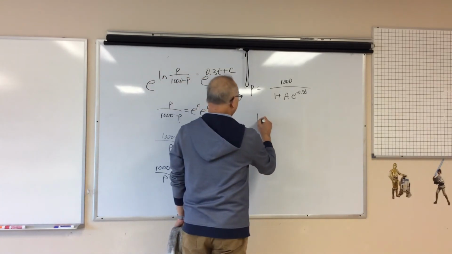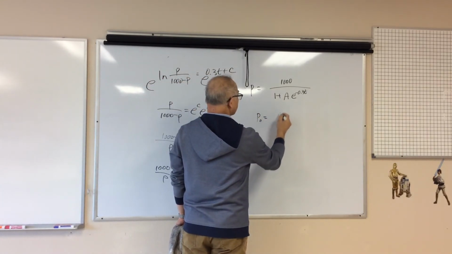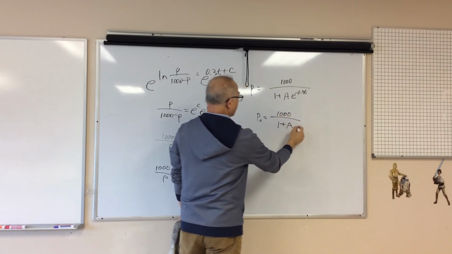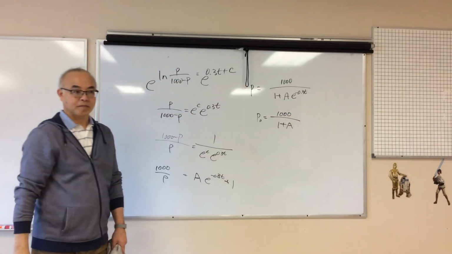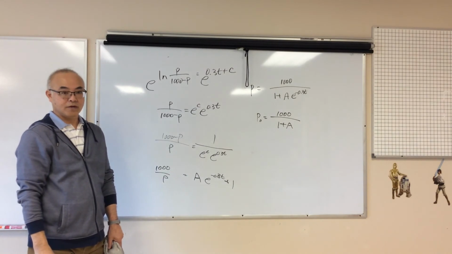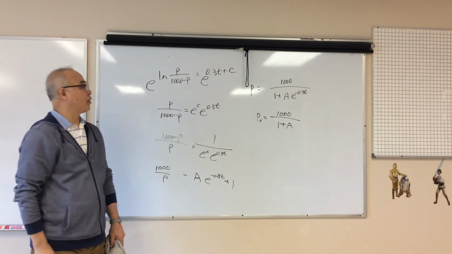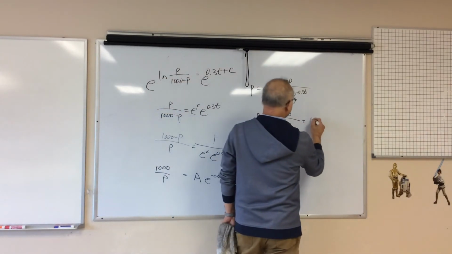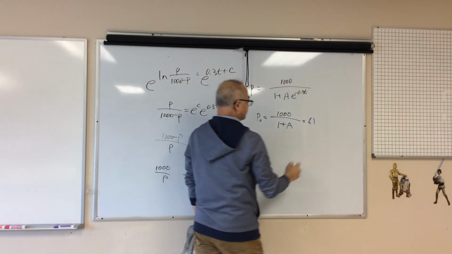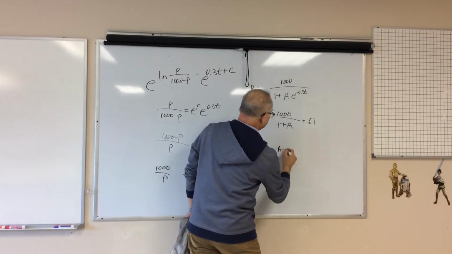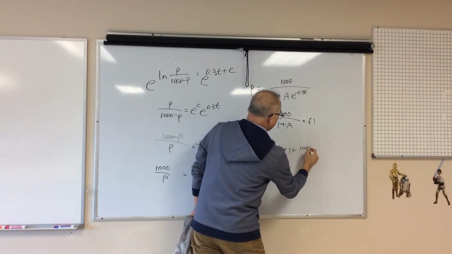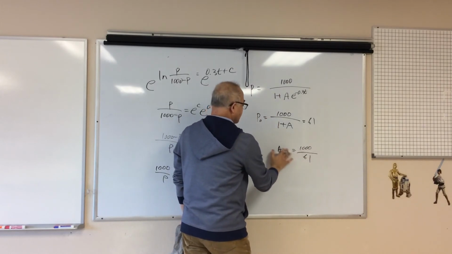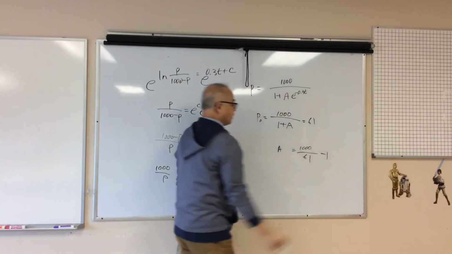My initial value of P is going to be equal to, oh yeah, it's only 61, right? So this is going to be equal to 61, which means that A plus 1 is equal to 1,000 over 61. A is going to be equal to that.